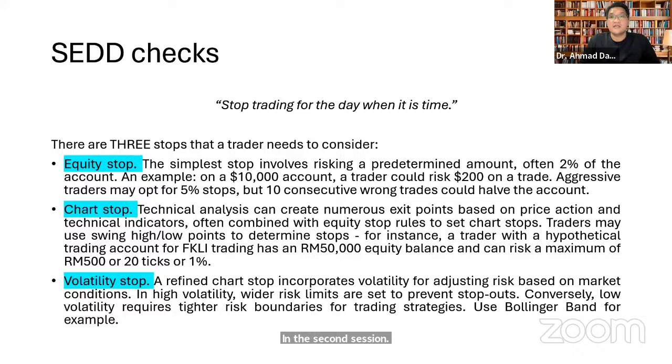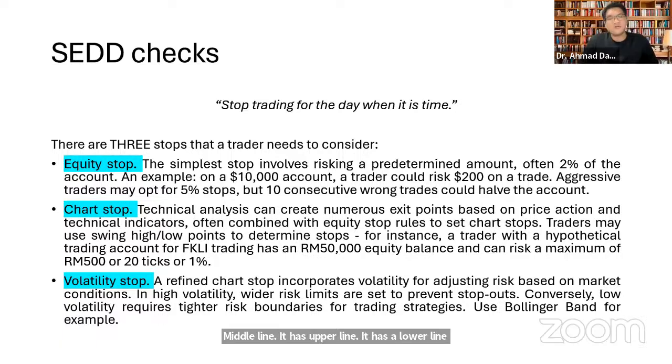Short stop. The short stop is based on your price action strategy. When it reaches a certain level, be disciplined, you have to stop. For example, if you're using Bollinger Band, you know it has a middle line, an upper line, and a lower line.